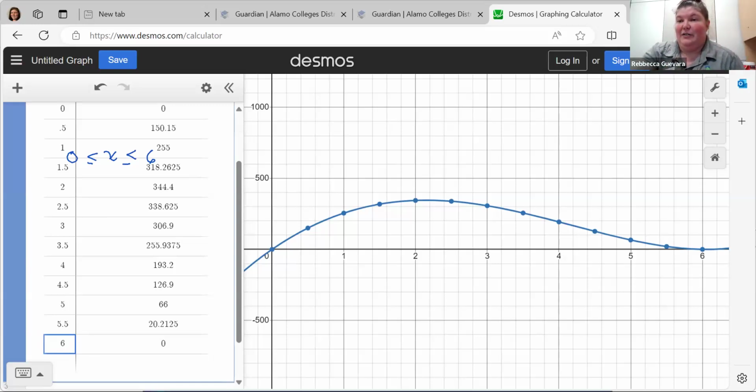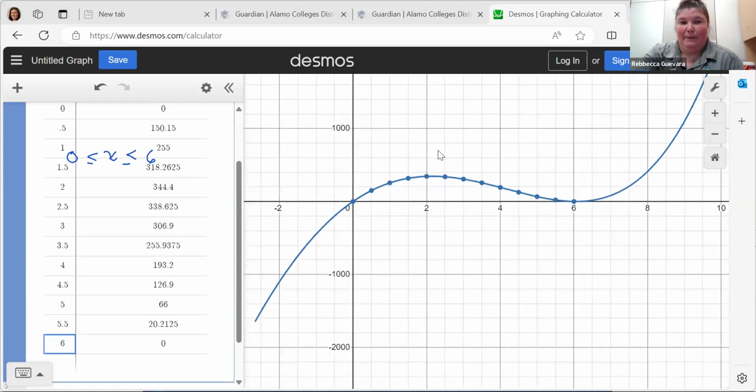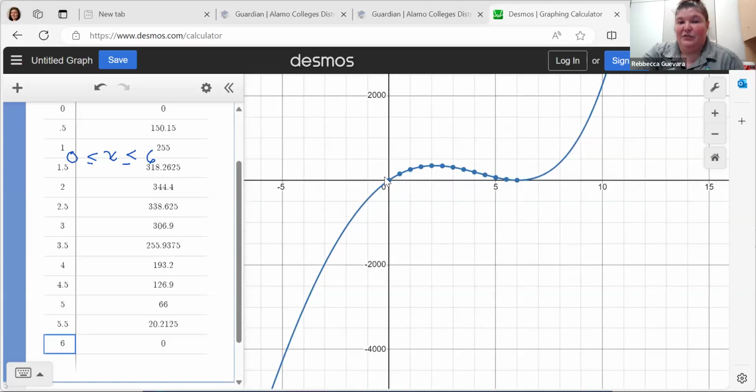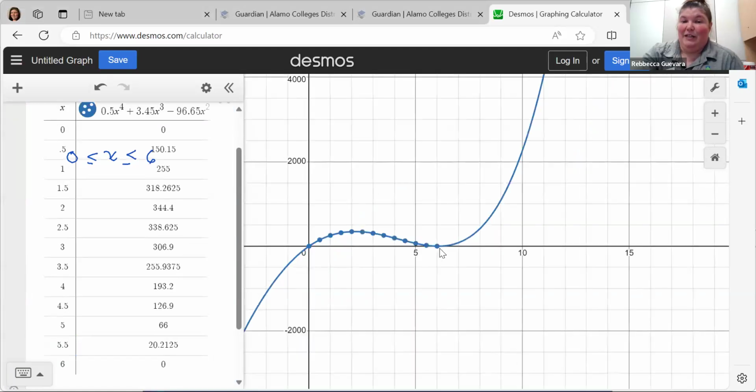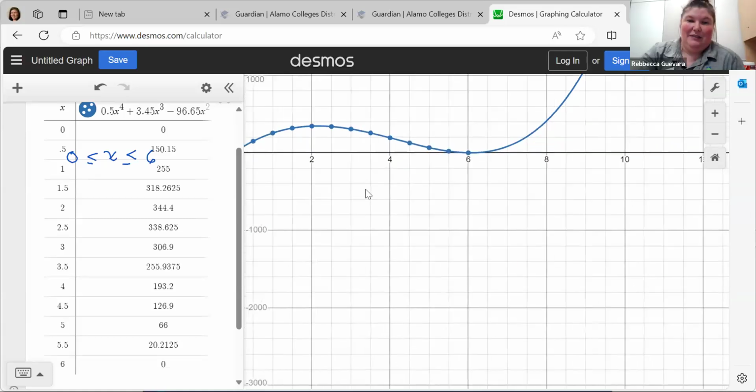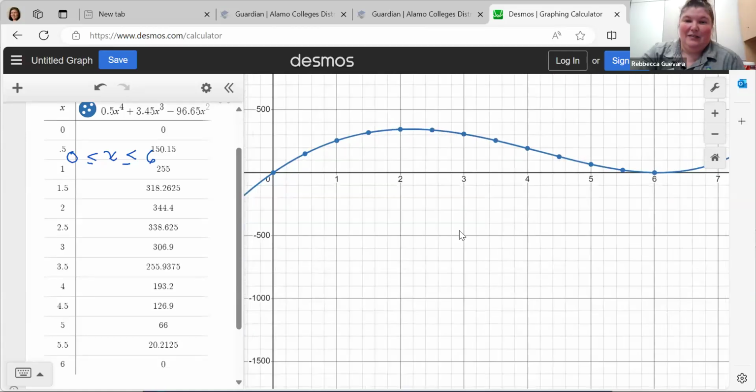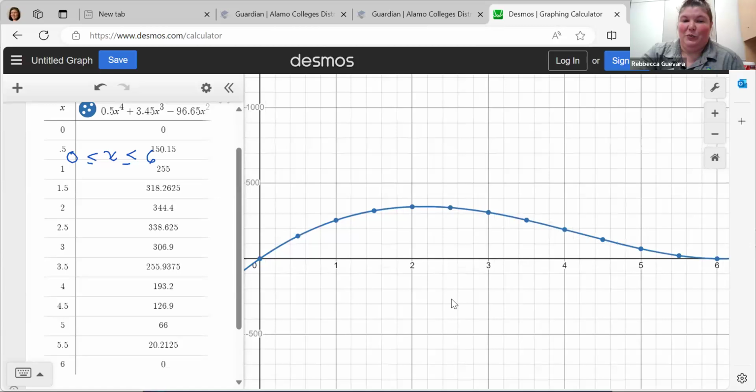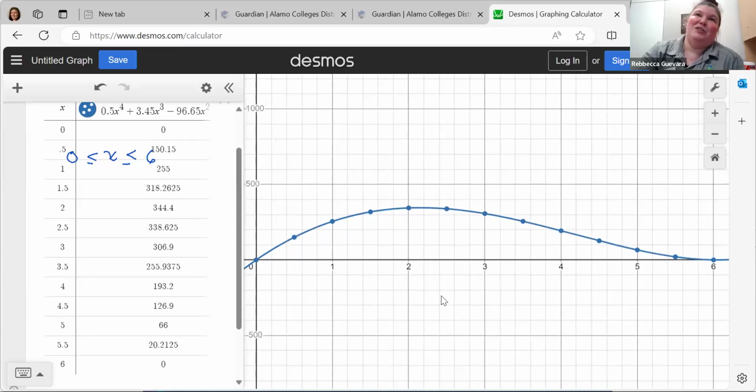And technically we have a whole bunch of extra graph or extra function. There we go. Sorry, I was losing my arrow. But this part here is useless because you're not going to have a negative concentration. And if the medication wore off in your bloodstream, it's not going to suddenly shoot up. So sometimes when we have polynomials, we're just interested in what happens between two zeros because that's the only part of it that makes any real world sense.